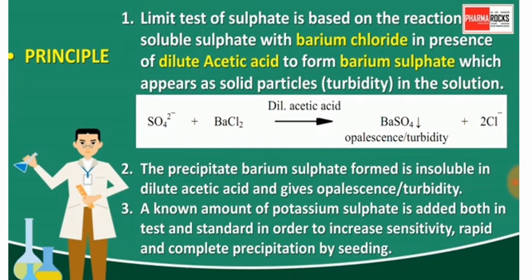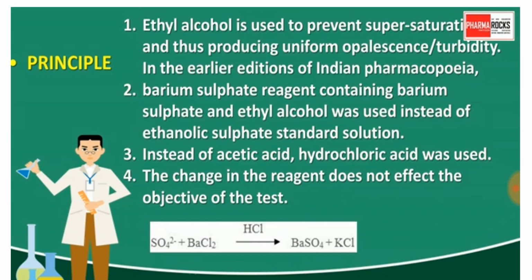The precipitate barium sulfate formed is insoluble in dilute acetic acid and gives opalescence or turbidity. A known amount of potassium sulfate is added to both the test and the standard in order to increase sensitivity, rapidity and complete precipitation by seeding. Therefore, the aim of adding potassium sulfate is simply to increase sensitivity, rapidity and complete precipitation by seeding. Ethyl alcohol is used to prevent supersaturation and thus produce a uniform opalescence or turbidity.